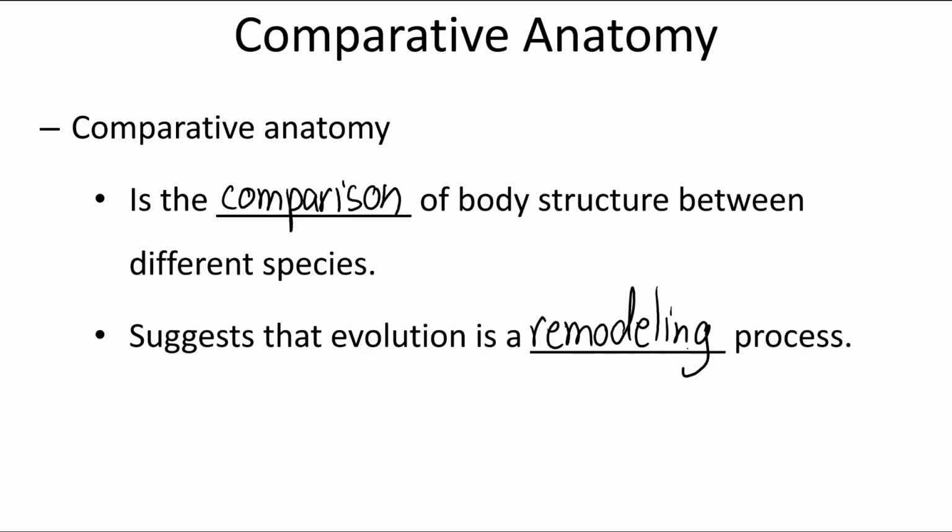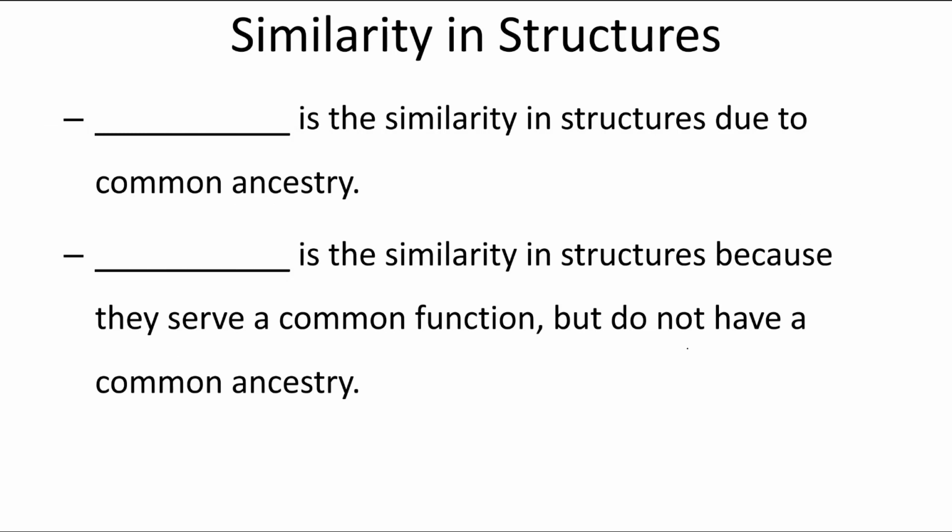When we look at organisms that have similar structures, we can ask ourselves, is this similarity due to common ancestry, or is it because that shape is simply most effective for that environment? Homology is the similarity in structures due to common ancestry, whereas analogy is similarity in structures because they serve a common function, but don't necessarily have common ancestry.